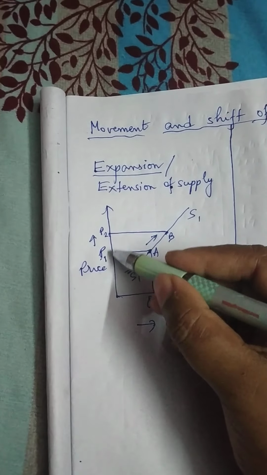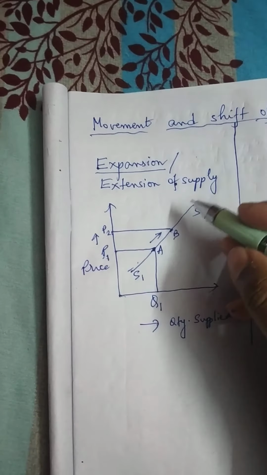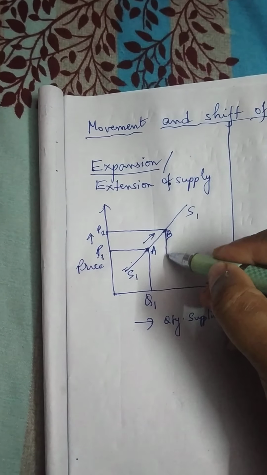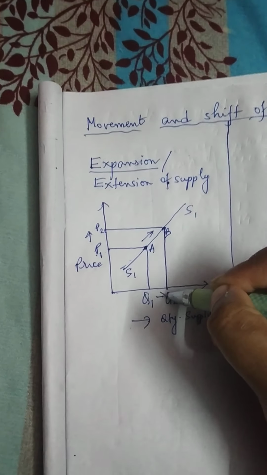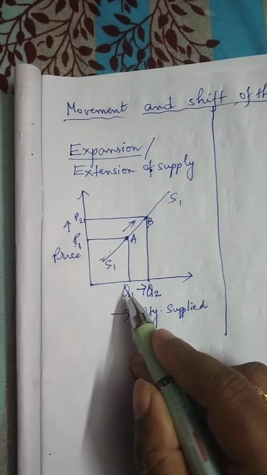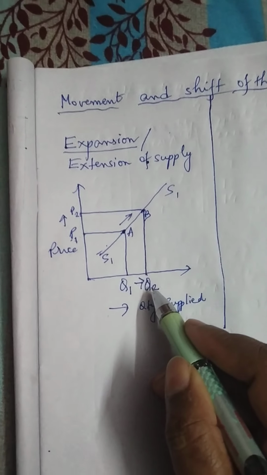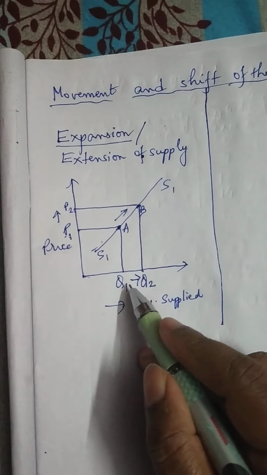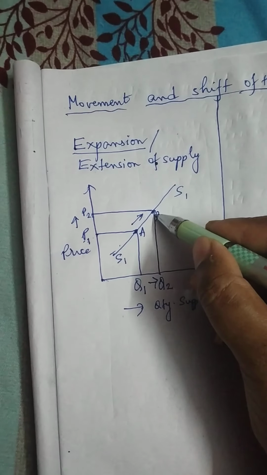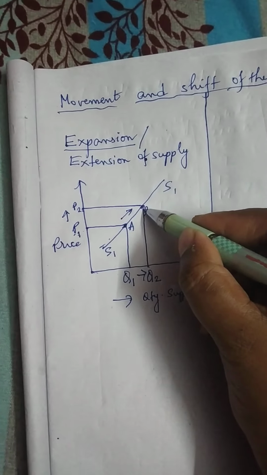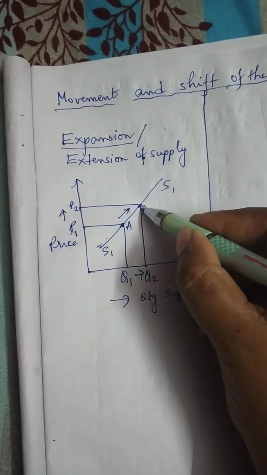See here, with increase in price from P1 to P2, the quantity supplied has increased from Q1 to Q2. Note here I am saying that quantity supplied has increased, not supply. Quantity supplied has increased due to increase in price, other factors affecting supply remaining constant.